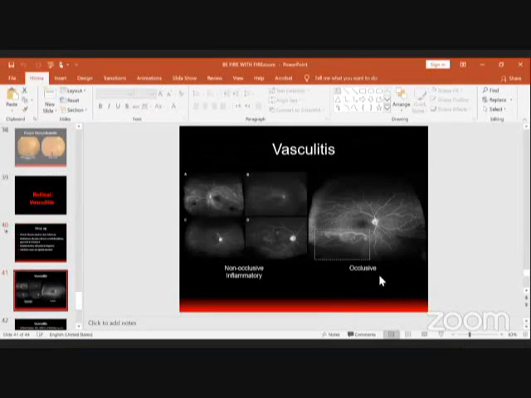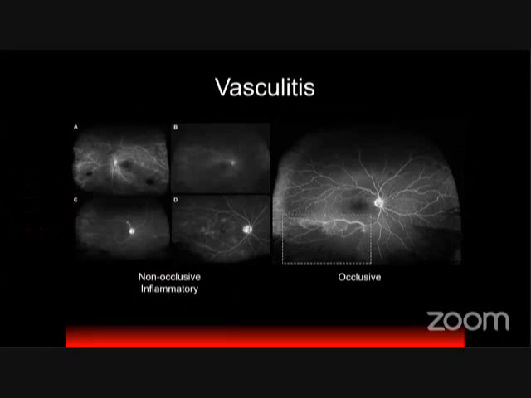Now, I know I have the vasculitis somewhere, and here they are. I'm just going to say a few things about vasculitis. Sometimes you see occlusive vasculitis with not a lot of inflammation, and sometimes a lot of inflammation. If you see occlusion, this is usually Susac, embolic, or systemic lupus.